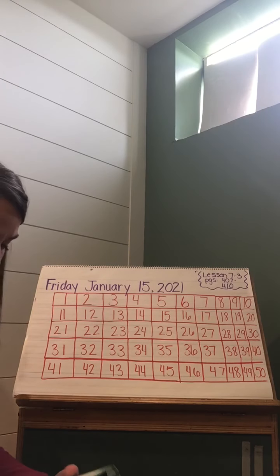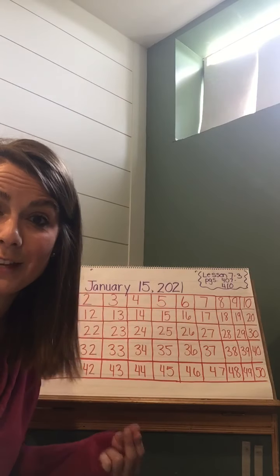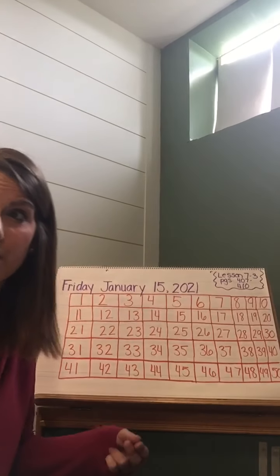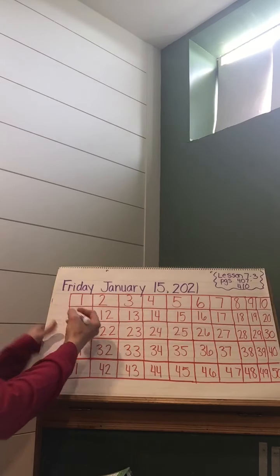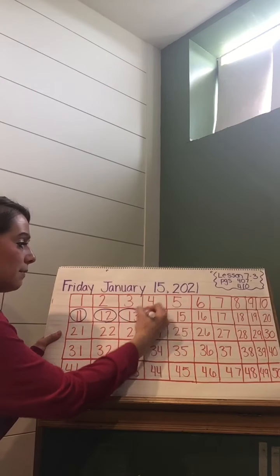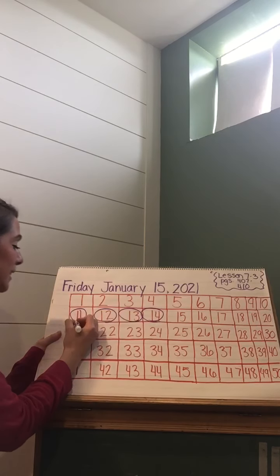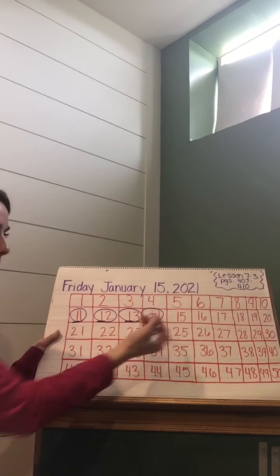Now, if you turn to the next page, it says you can also find patterns on these number charts, which is really cool. So, it says the tens digit. Let's look in this row. If I look at 11, 12, 13, 14, all the way, the tens digit all has the 1 in the tens place.